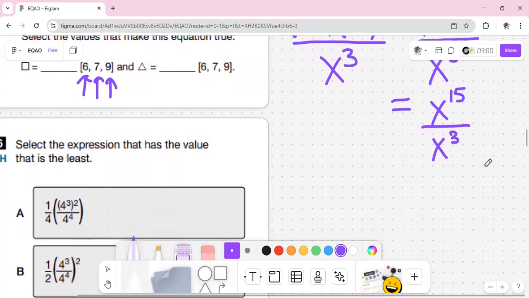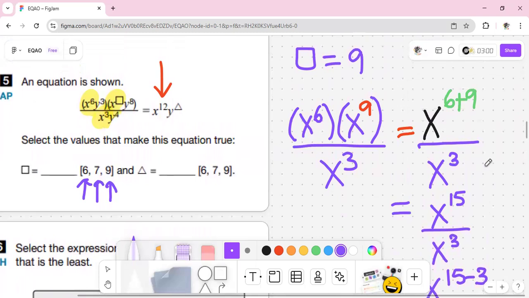Again, we keep the base the same. With division, I have to subtract my exponents, so 15 minus 3. That does give me x to the power of 12, which was my goal. So I know for sure that the square symbol is equal to 9.